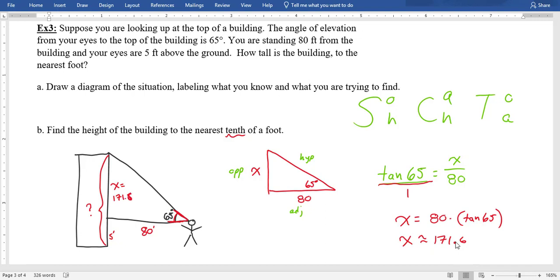No, the height of the building then is 171.6 plus 5 more, because that's up to my eyes, was 5 feet. So I get 176.6 feet. Pretty tall building.